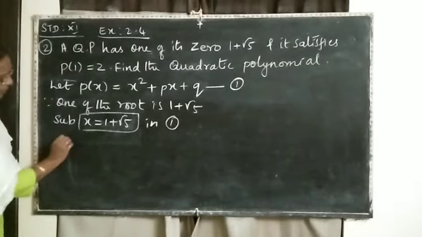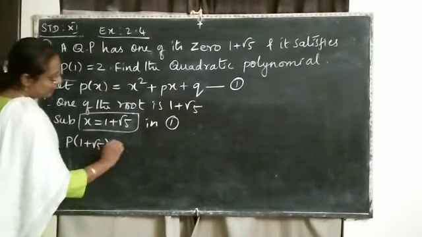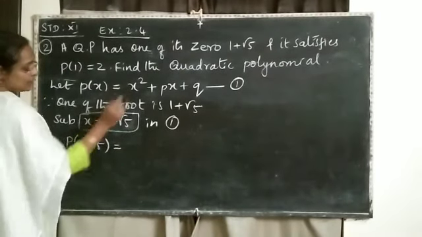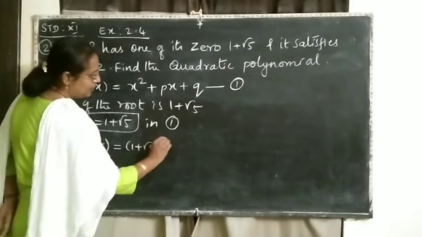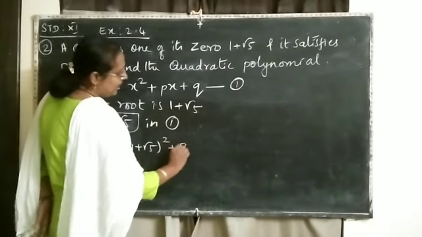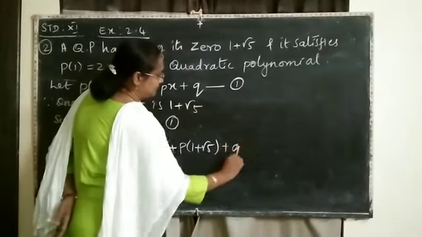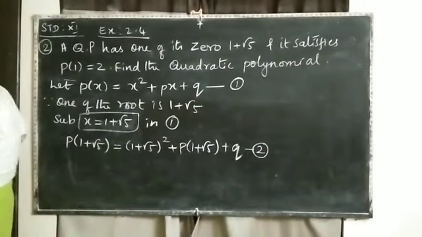Shall we? Now, what do I get? P of 1 plus root 5 equals x squared. Now, x takes the value 1 plus root 5, isn't it? So substitute wherever necessary. So, 1 plus root 5 the whole square, plus p into 1 plus root 5, plus q. Let's take this as the second equation.